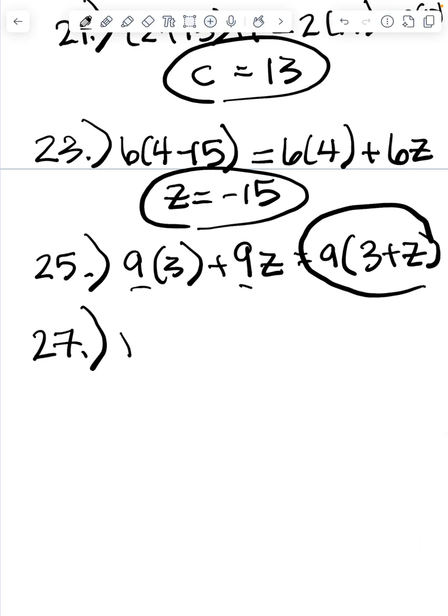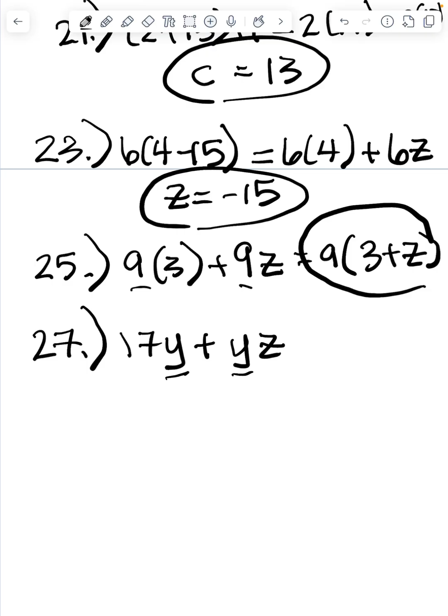27 is 17y plus yz. Okay, so with this one, just remember that you can switch around. You can apply the commutative property of multiplication, because I noticed that I have a common y in both of them, but the y isn't first in both of them.